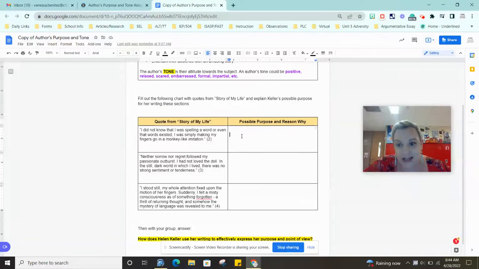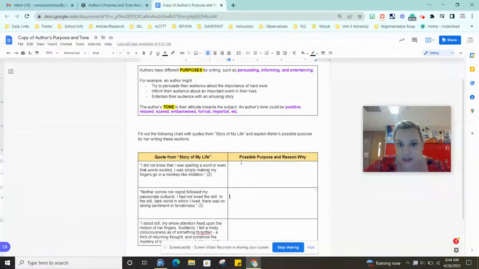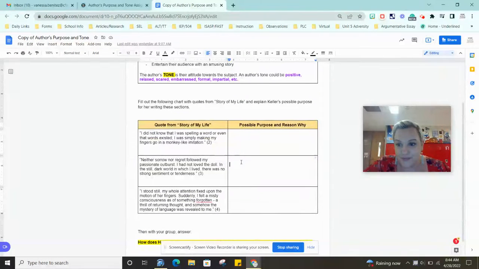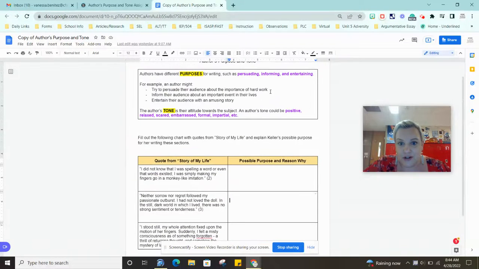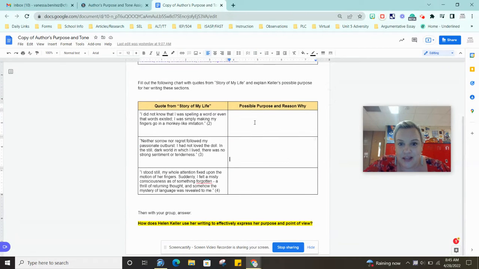Could it be entertaining and why? Or could it be persuading? What could she be persuading you to think about? It could be persuading you to understand the importance of a strategy, right? So go ahead and label the purpose, persuade, inform, or entertain for each of these. And of course, some of them can be the same. And then just give a short sentence of why you thought that.